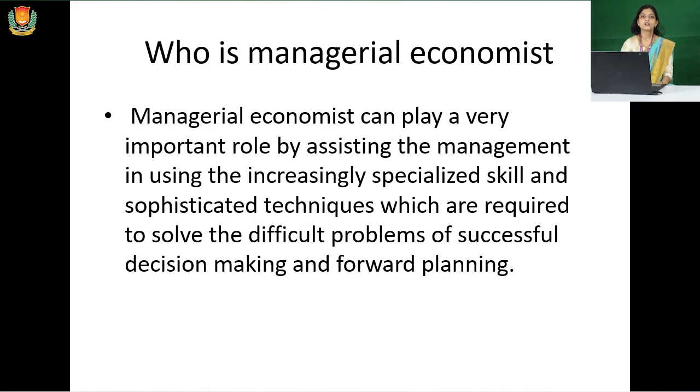A person who does all the economic activity for a firm is known as the managerial economist. And what is the role and responsibility of the managerial economist? In the whole scope of managerial economics, he needs to do demand forecasting, he needs to predict the demand, and he needs to analyze the production level. This is all the role and responsibility of the managerial economist.